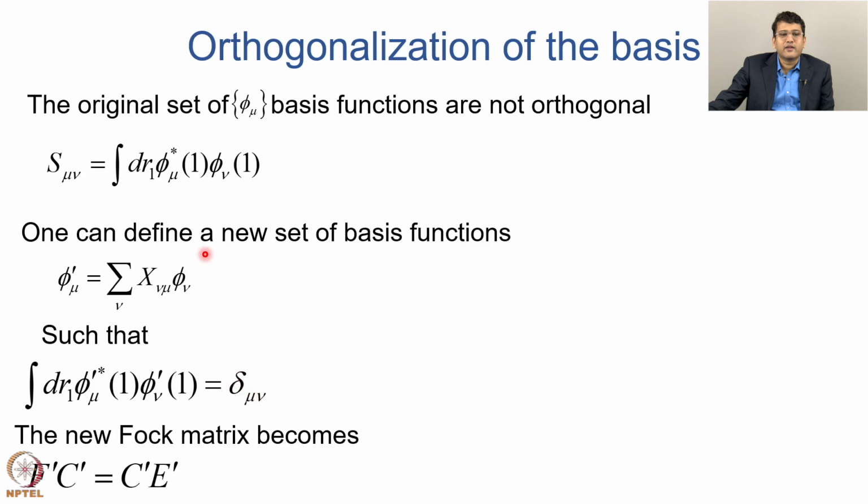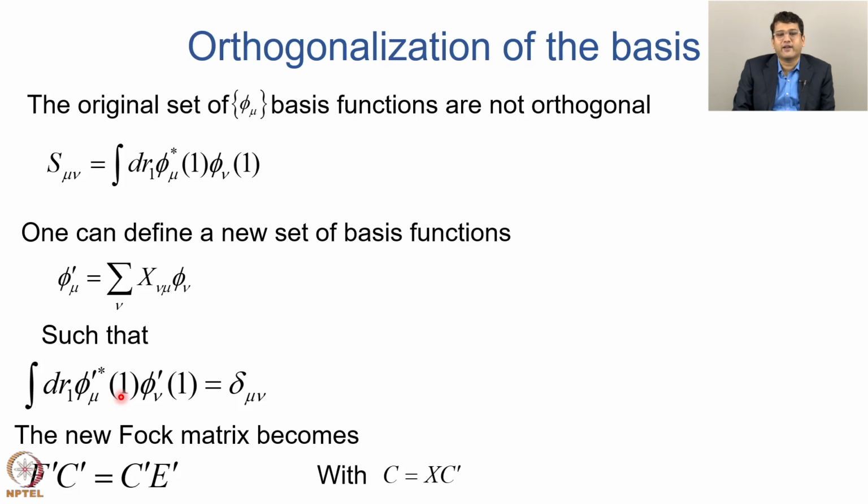In that new basis, if I switch from phi to phi dash, my Fock matrix equation becomes F dash C dash equals C dash epsilon. This is a matrix eigenvalue equation. I can diagonalize it and find C dash. And I already know the relation between C and C dash: C is equal to X times C dash. So I can always go back to the original C and get the original eigenvalue out of this equation.